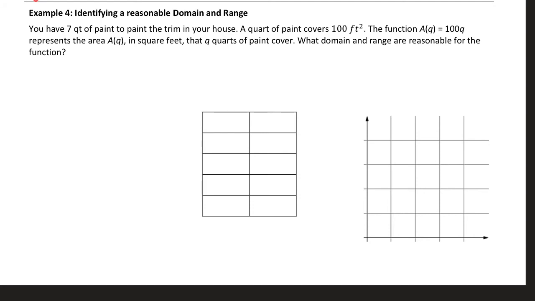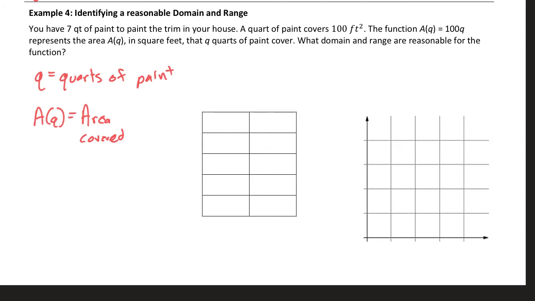So this is a good chance for us to work on defining variables. Q, quarts of paint, and A of Q represents area covered by those Q quarts. So we have an input and an output.